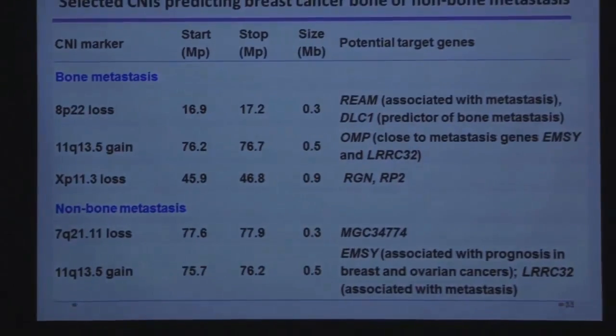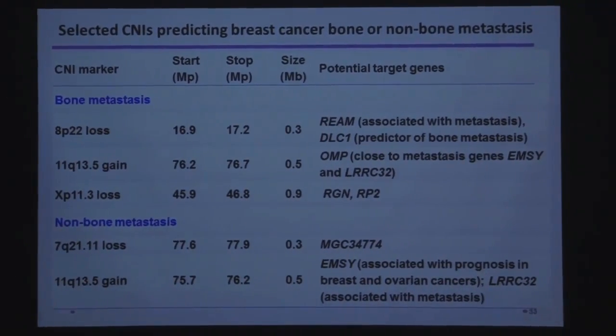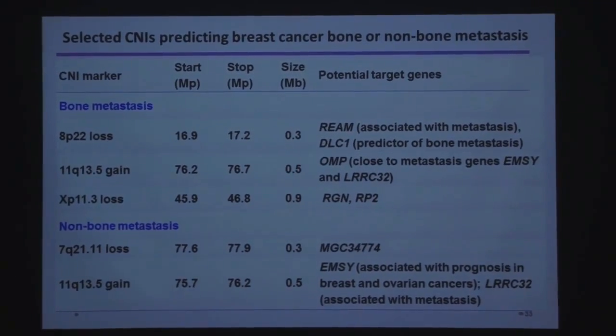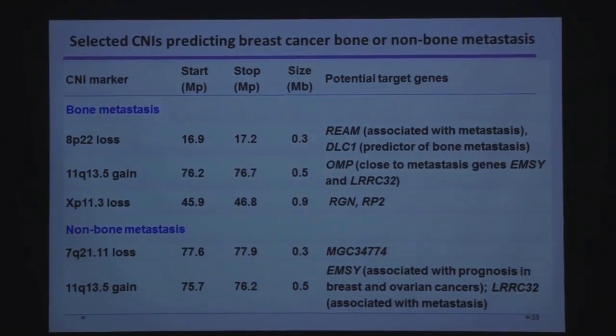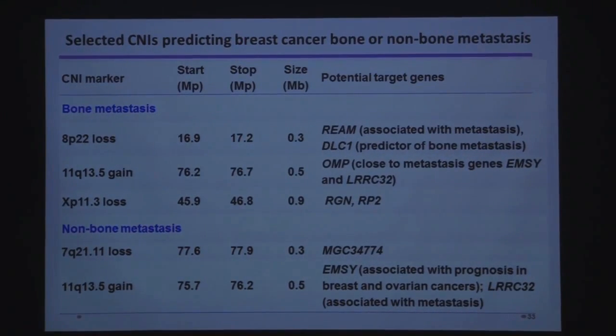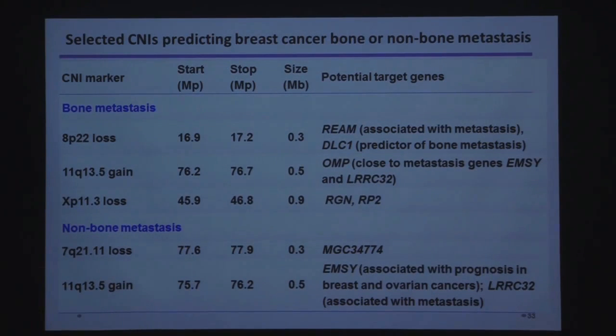My question is whether the amplicons in the two separate metastases are overlapping or separate. I think they must be overlapping a little bit. We're trying to separate it out even more, but that one gene seemed to be important in both of them.